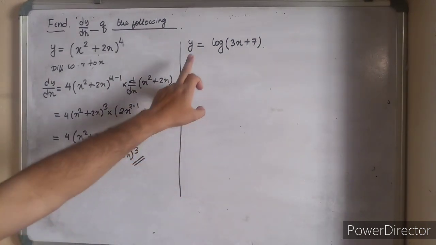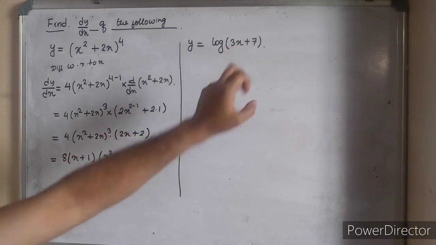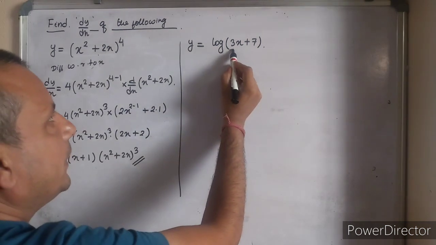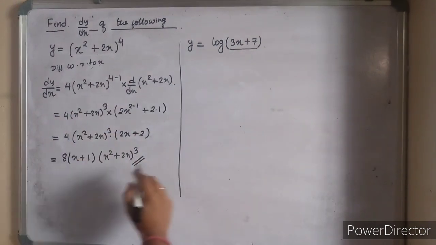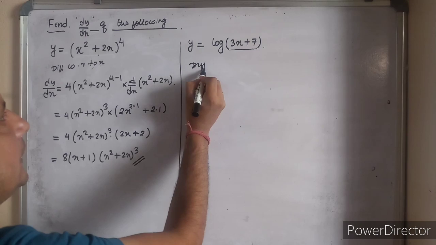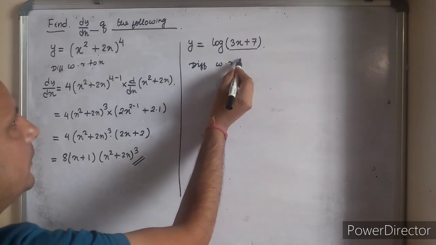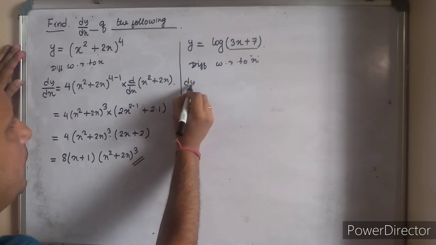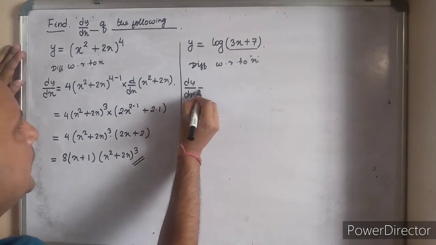The next question is y is equal to log of (3x plus 7). You know the formula: dy by dx of log x is 1 by x. To differentiate this function, this whole quantity is considered as x. Log of this whole thing is x. Now differentiating with respect to x, this is dy upon dx.